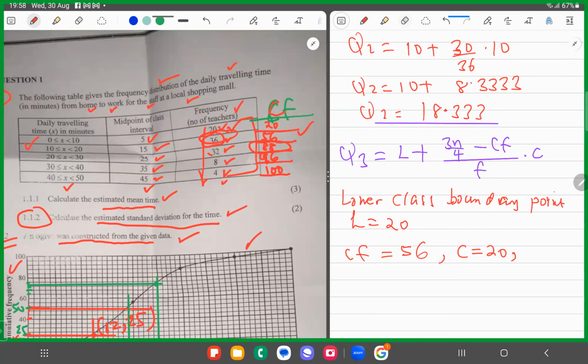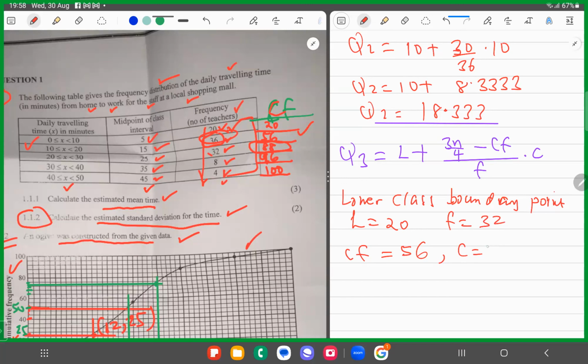Okay, let's look at this very carefully. So L is that, and therefore the frequency for the class 20 to 30 is 32.